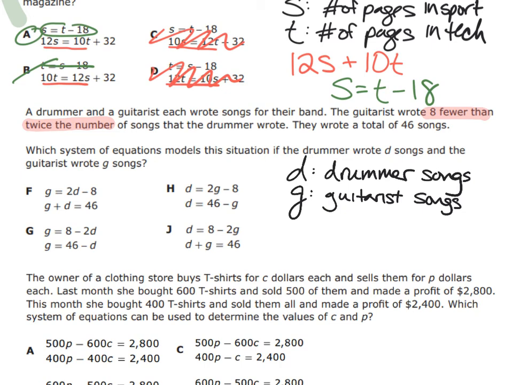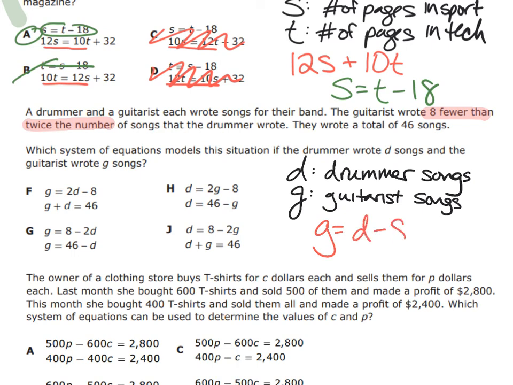The guitarist. So I'm going to write the equation that the drummer is equal to the guitarist. Sorry, wait, whoa. Guitarist, my bad, y'all. Guitarist was the one that was up, so which one do I have to subtract from? The drummer. So the guitarist is equal to the drummer if I subtract 8.